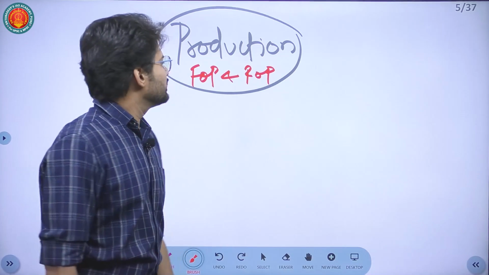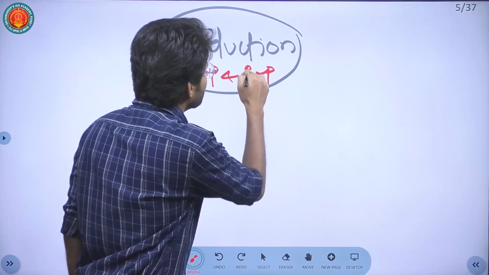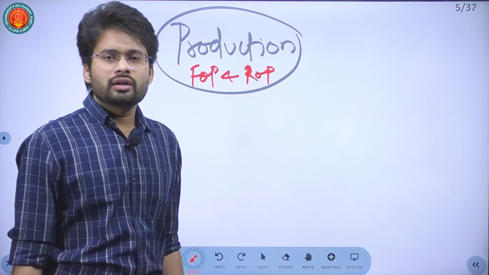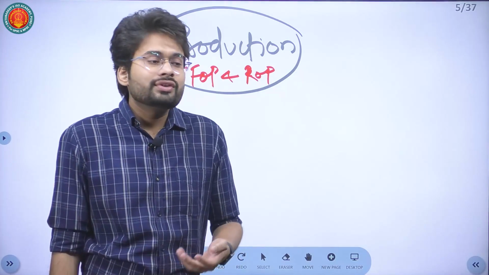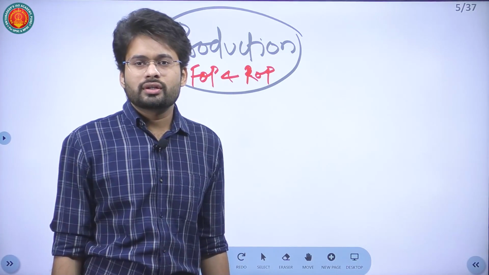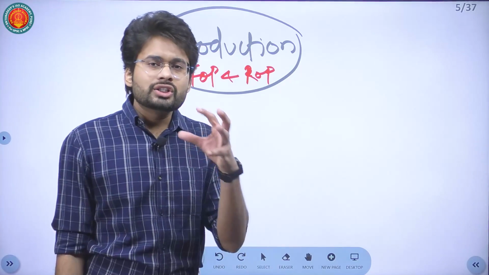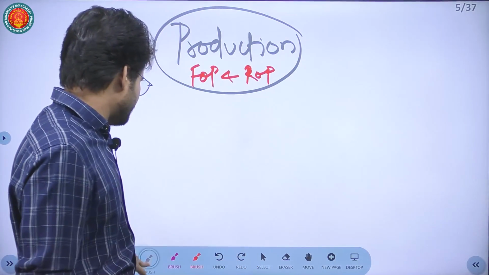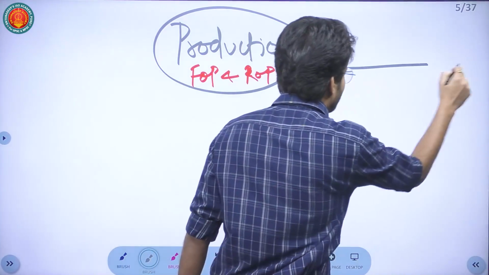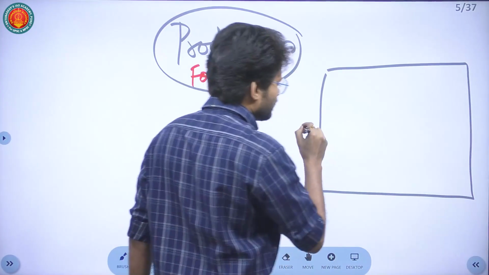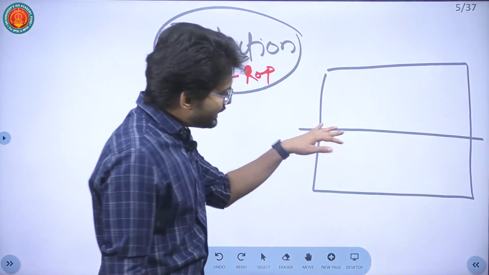According to Marx, the factors and the relations of production together are called the infrastructural terminologies. By the way, a society has, according to Marx, let's take, for example, this as a society, and this part of society is the foundation.